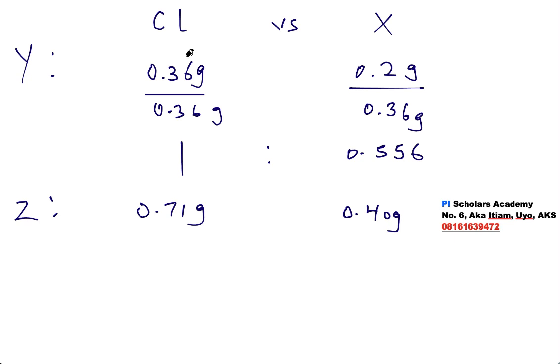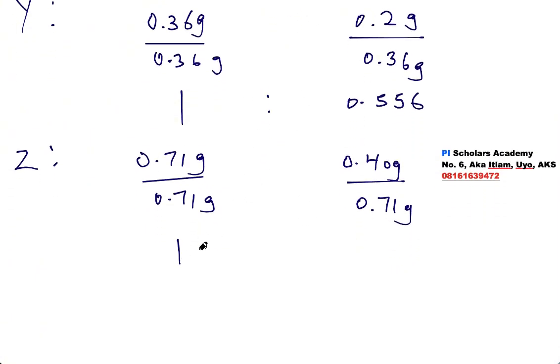Don't forget that you chose the mass of chlorine the other time. Then you have to choose the mass of chlorine also this time. The other time you had the choice of picking between chlorine and X, but now you don't have any choice than to pick what you have used earlier. So you have to divide both sides here too by 0.71 grams. If you divided with chlorine the first time, you have to divide with chlorine the second time as well.